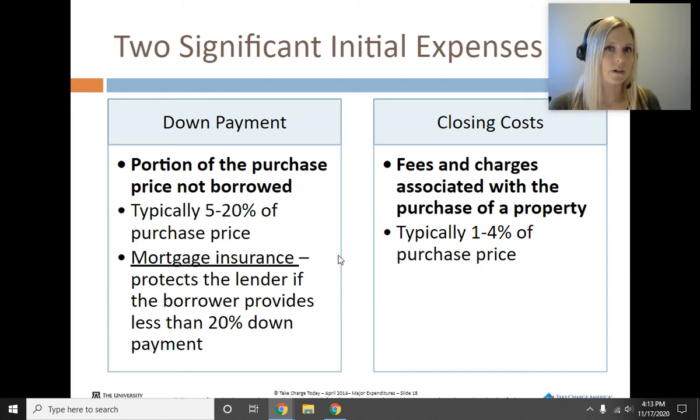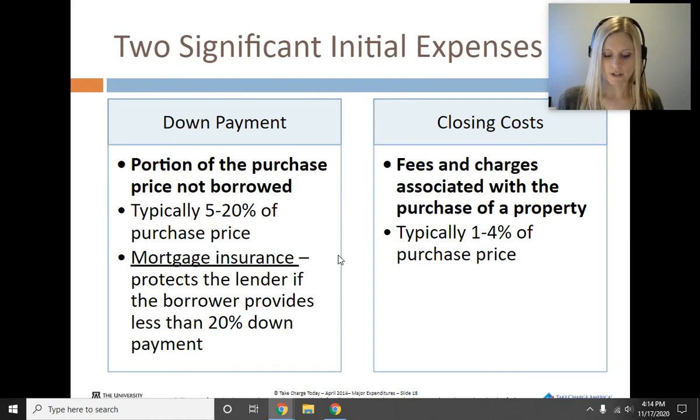But usually they're going to make up for that risk that they're giving you by making you purchase mortgage insurance. And that means that if you skip out somehow, or if one of you passes away, they are now going to pay back the loan, and it's going to protect them, and it's also going to protect you.